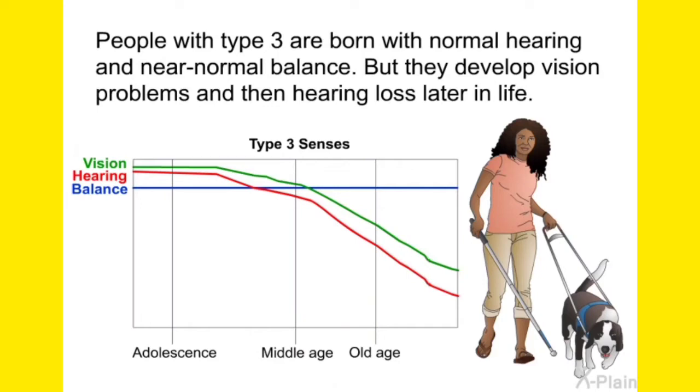This type 3 occurs in only 5% of people, where the person has normal balance and normal hearing at birth, and later develops the vision problem, and after the vision problem develops, hearing loss. So that is type 3.